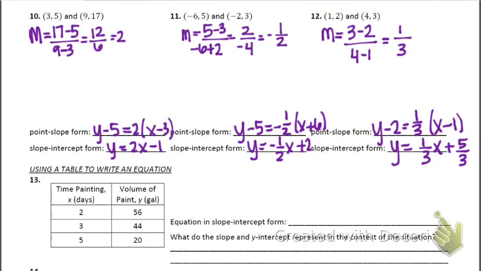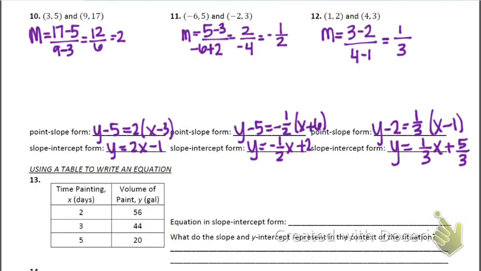So I want you to check what you got on number 10. I showed my work for the slope, and then I plugged in the point 3, 5. So in point slope form, that's y minus 5 equals 2 times x minus 3. And then I distributed and added 5, and that gave me y equals 2x minus 1.